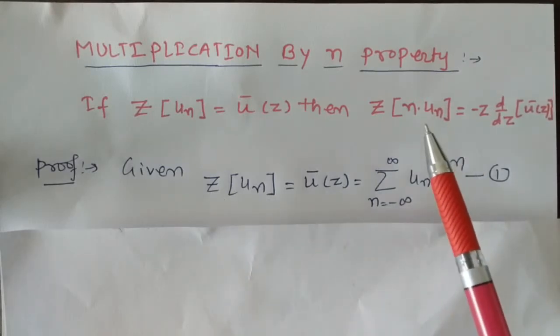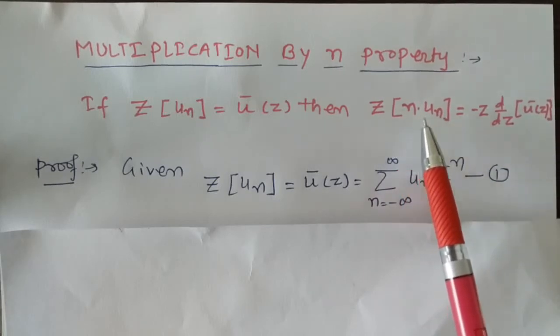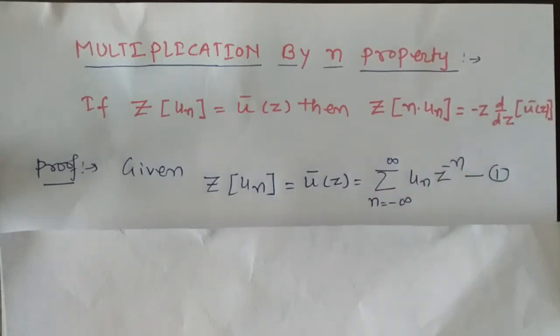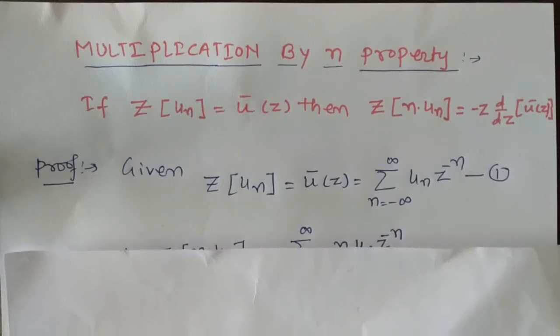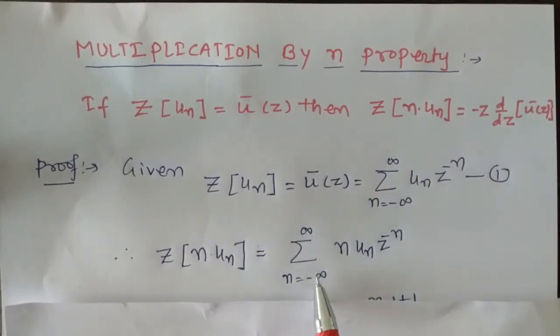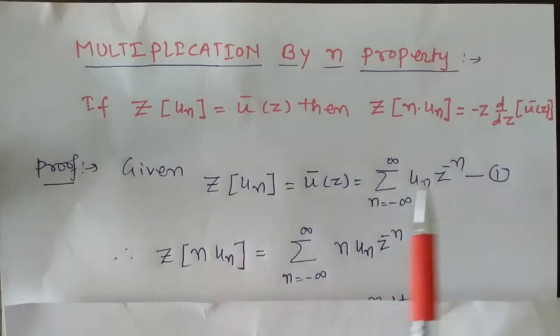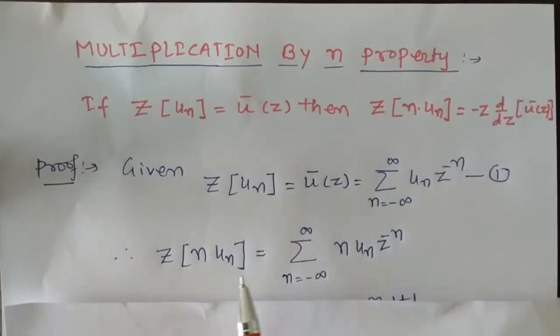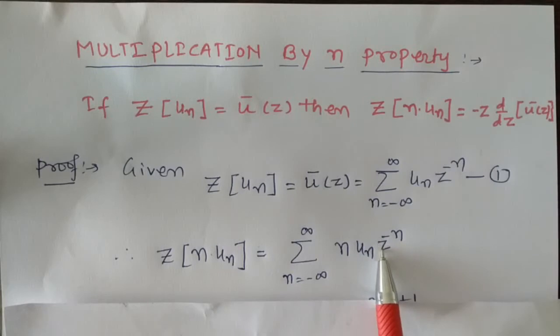Now we have to find Z transform of n u_n. Therefore, by definition of Z transform, Z transform of n u_n is summation n goes from minus infinity to plus infinity, in place of u_n we write n u_n, as we have to find the Z transform of n u_n, into z^(-n).